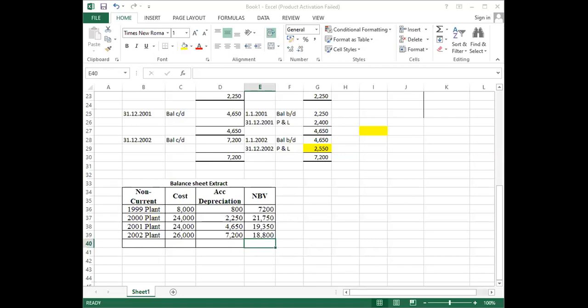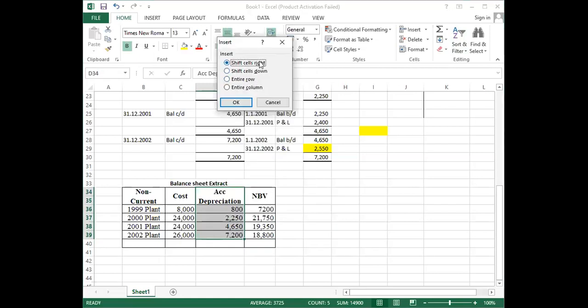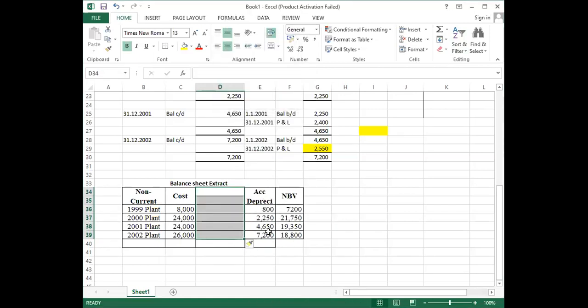What addition are we adding? What are the additions? There are no additions. Some of you are just getting confused. Let me insert a column here so that you know what I'm saying.